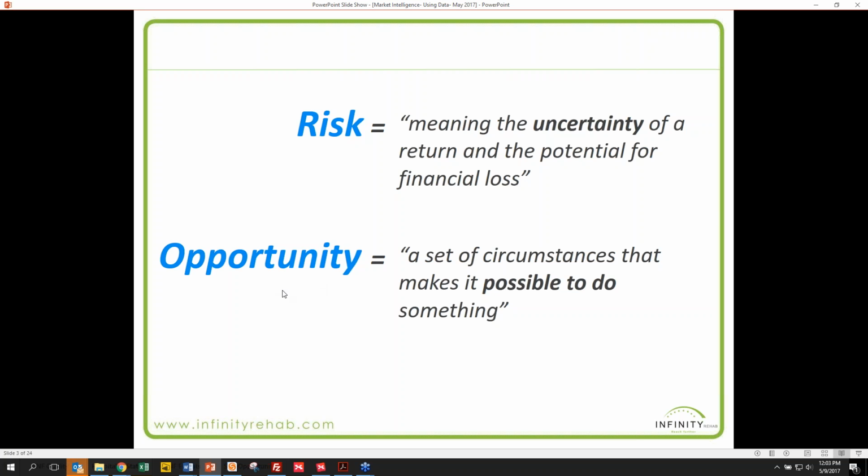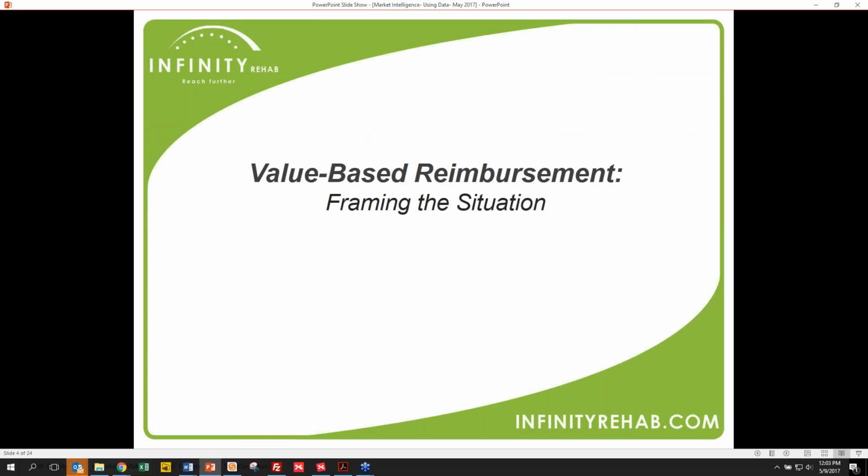An opportunity is a set of circumstances that make it possible to do something. So in a nutshell, if you have the information you need, then you mitigate the risk. But more importantly, you're in a position to seize an opportunity that may present itself.